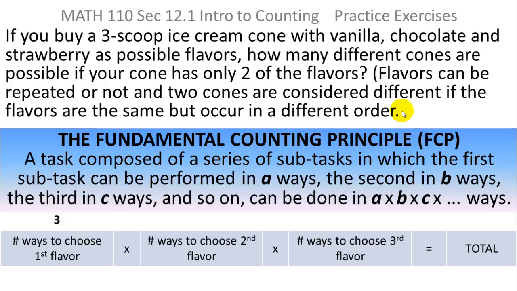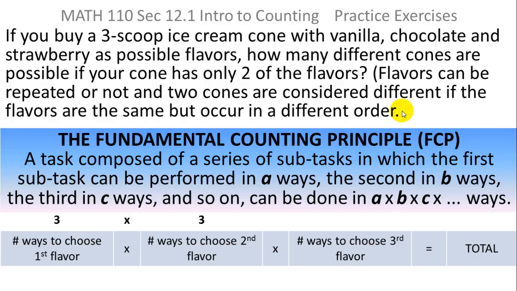First of all, it's obvious that I can choose any of the 3 flavors, either vanilla, chocolate, or strawberry, in the beginning. No problem with that at all. But I can also choose any of the 3 flavors for the second flavor, because my only condition is they can't all 3 be the same flavor, so it's okay for 2 of them to be the same.